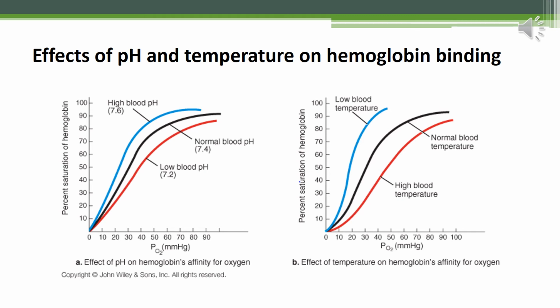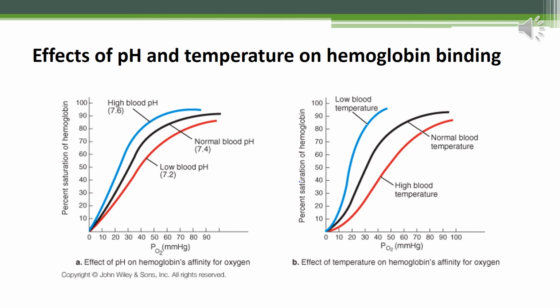And then here at right, the same thing with the black line. This is at normal blood temperature, though, instead of pH. So when we decrease blood temperature, the ability of hemoglobin to bind oxygen increases compared to a high blood temperature, which is where the affinity for oxygen decreases.